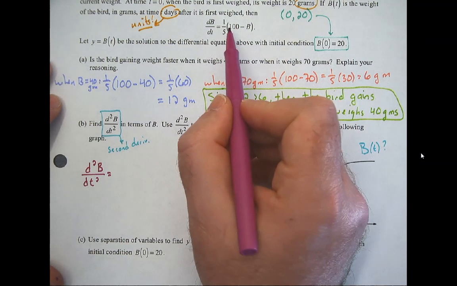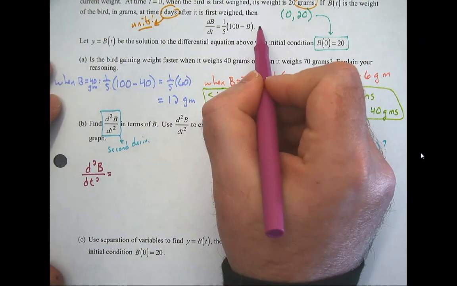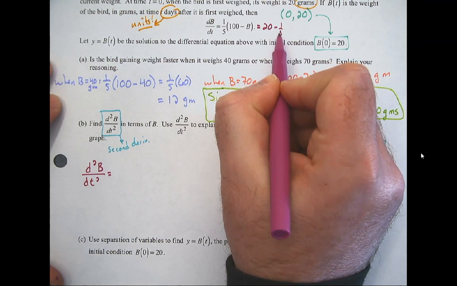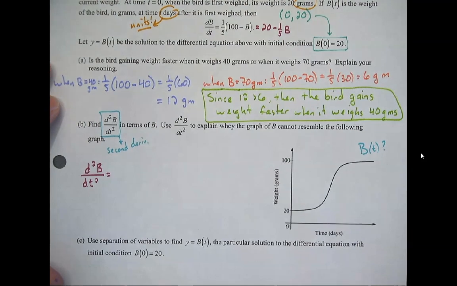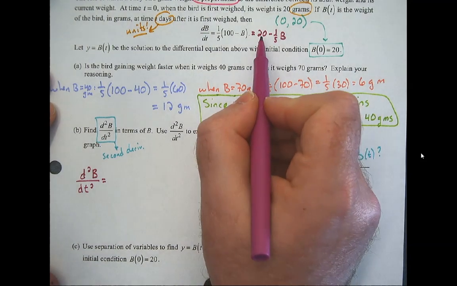Yeah, so let's go up here and distribute. So this would be 20 minus 1/5 B. Derivative of 20 is 0.